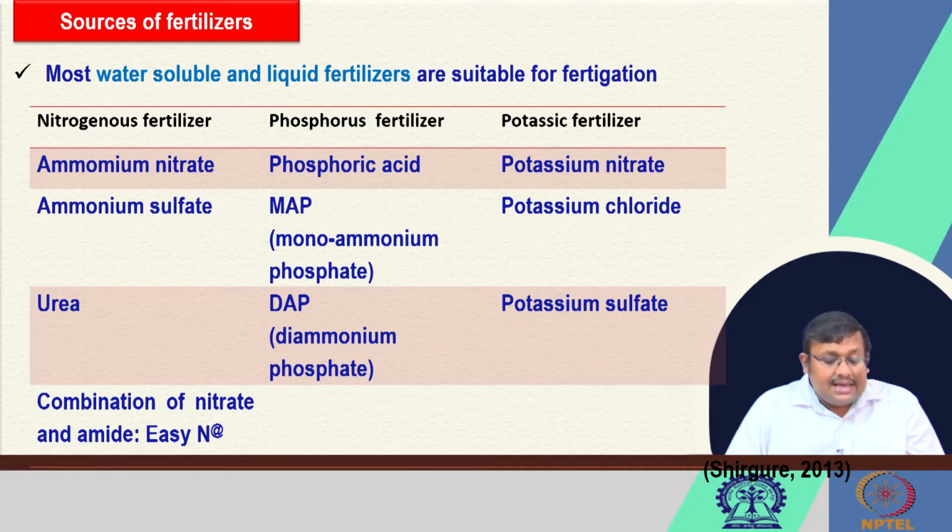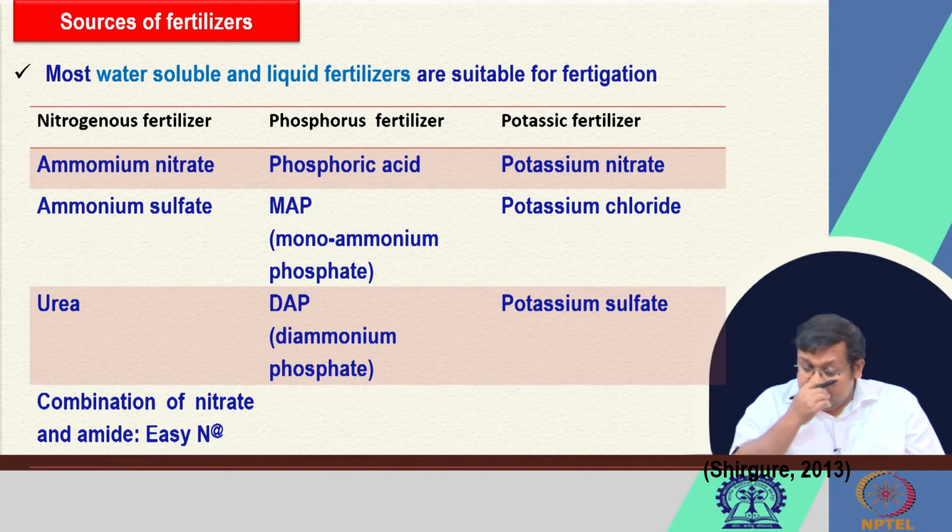Among the nitrogenous fertilizers, we can see ammonium nitrate, ammonium sulphate, urea and a combination of nitrate and amine, which is known as EasyN, can also be utilized in fertigation. In case of phosphorus fertilizer, phosphoric acid, monoammonium phosphate, diammonium phosphate. So, these are important soluble fertilizers which we can use for the fertigation method.